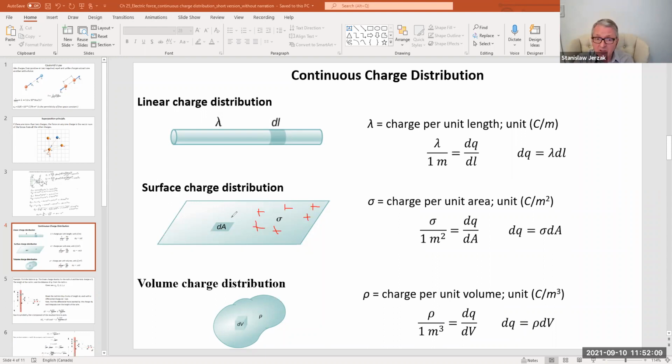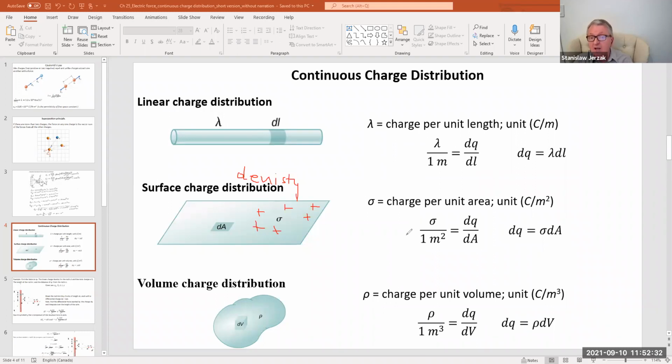So in these cases, the charge is distributed, and it is convenient to define the surface charge density, which we normally designate by the letter sigma.